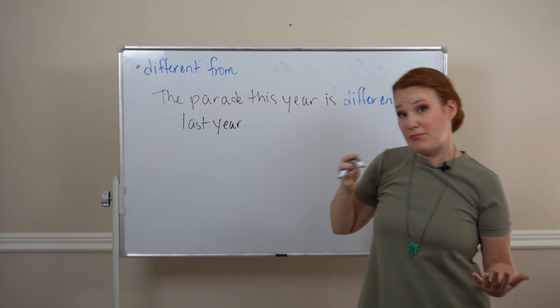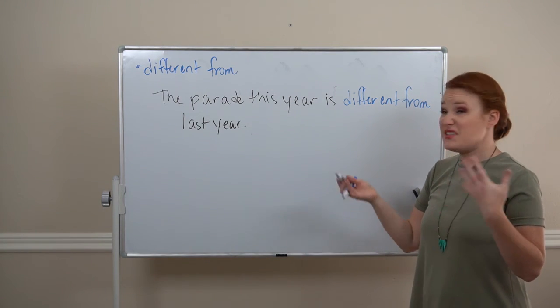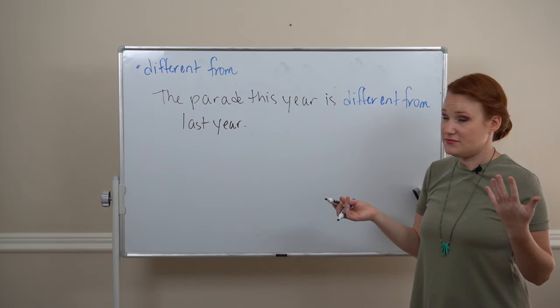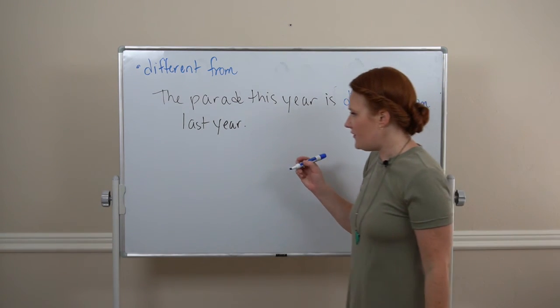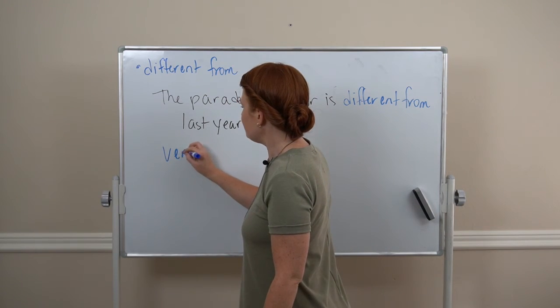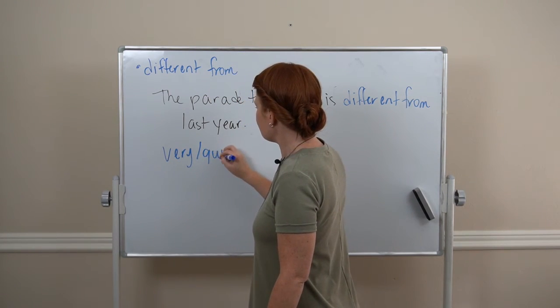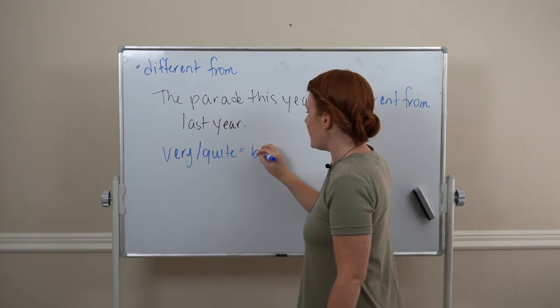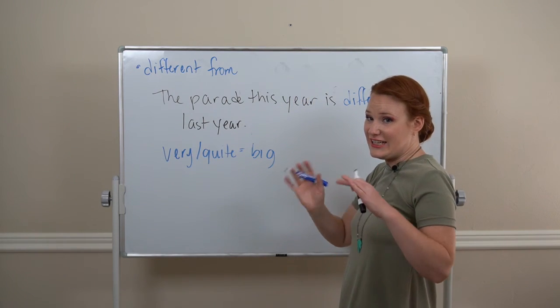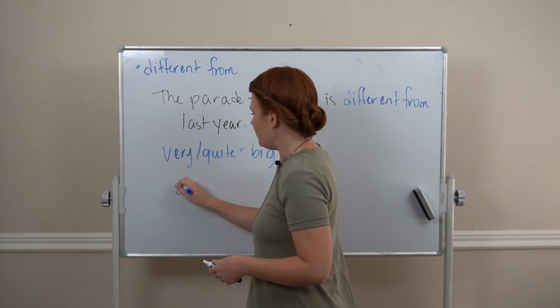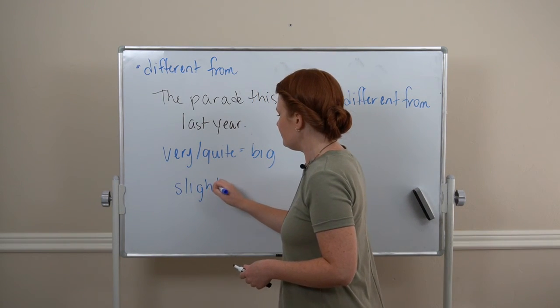Not necessarily better or worse, just different from last year. And again, I can add some quantifiers. I'll use very or quite when there's a big difference, or slightly, a little, a bit for a small difference.